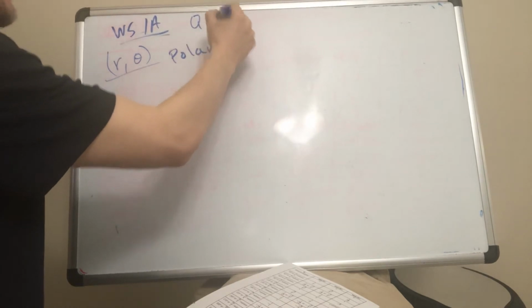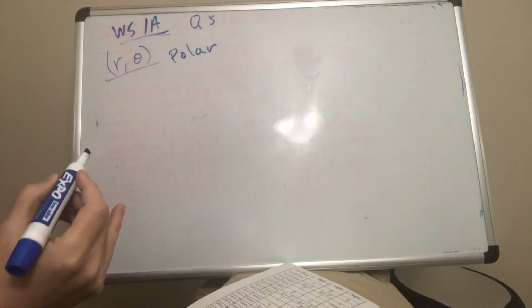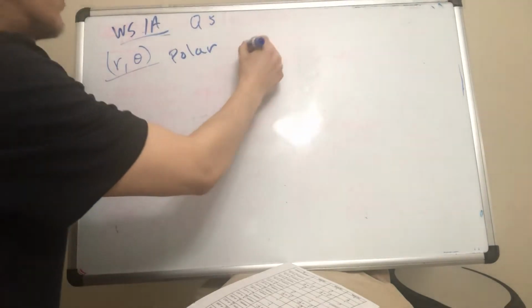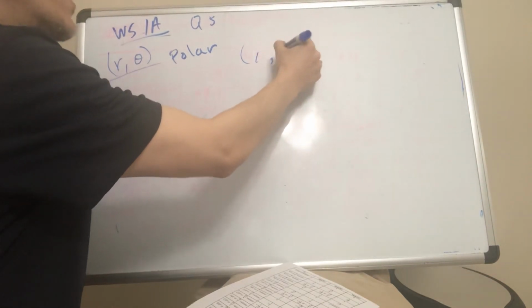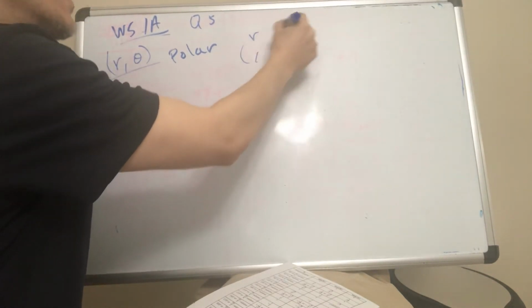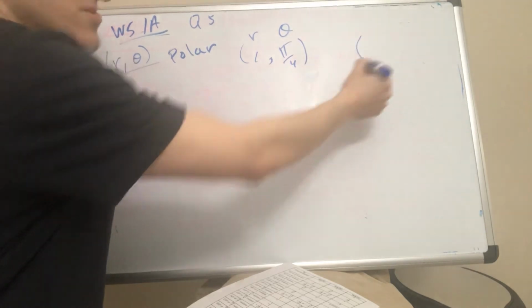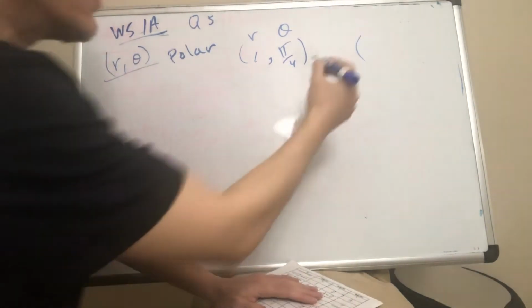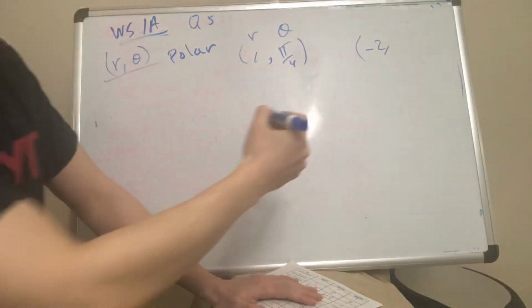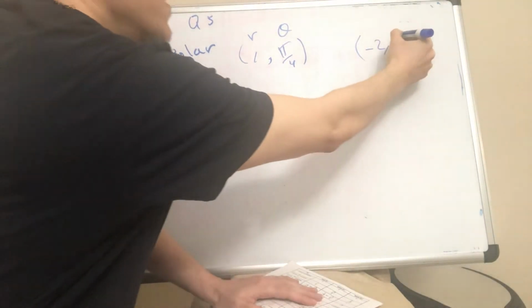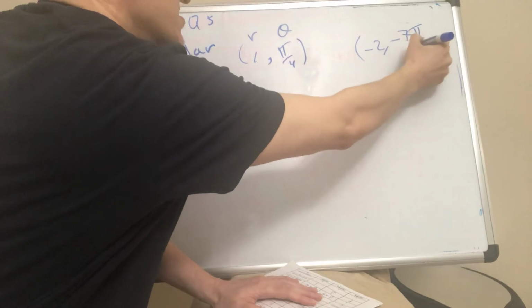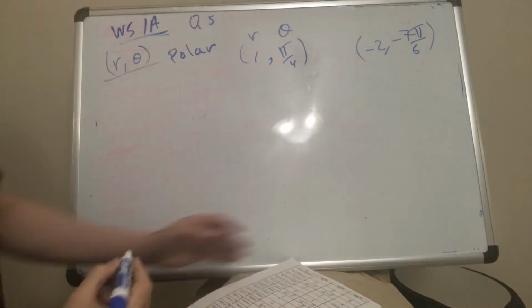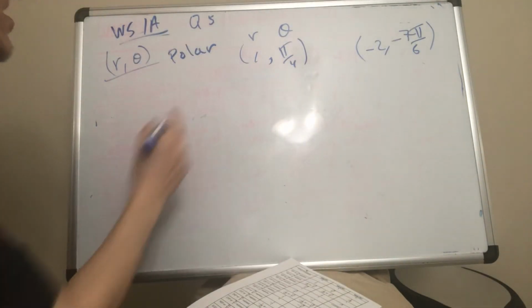This one is rather easy, this is question 5. Now, the first one is 1 with pi over 4. This is r, this is theta. I'll do a couple of them. This one is minus 2 and negative 7 pi over 6.